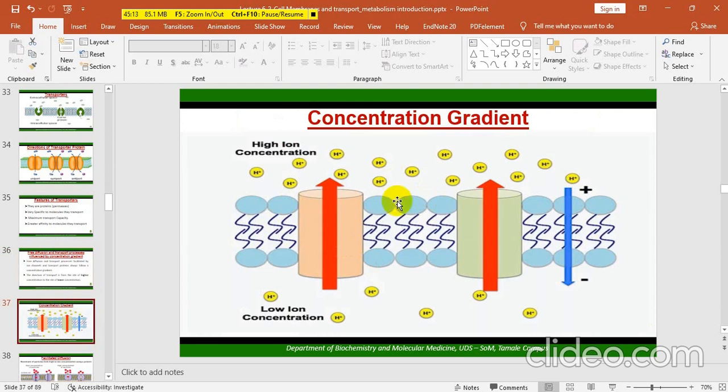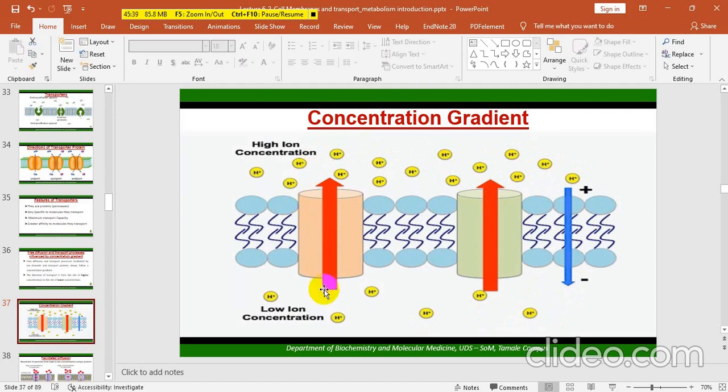Here the ions are low on one side and very high on the other. The arrow means that the ions are more here and they flow there until equilibrium is sustained. This is what we call free diffusion.